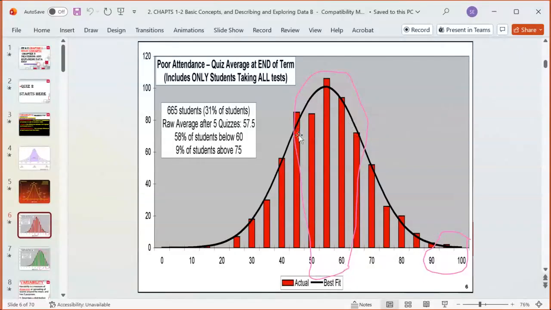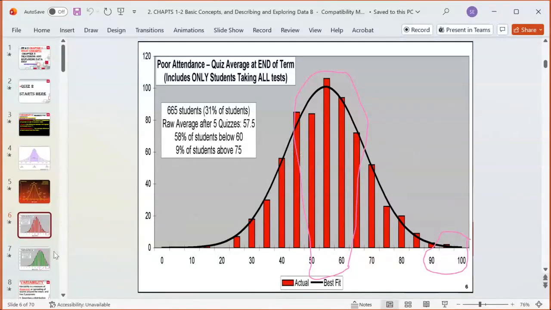And you can see right in the middle, the majority of the students score 50s and 60s, and not too many at the very end have 80s and 90s and 100. This is a result of poor attendance. This is research data which shows the poor attendance from 665 students. As you can see that.